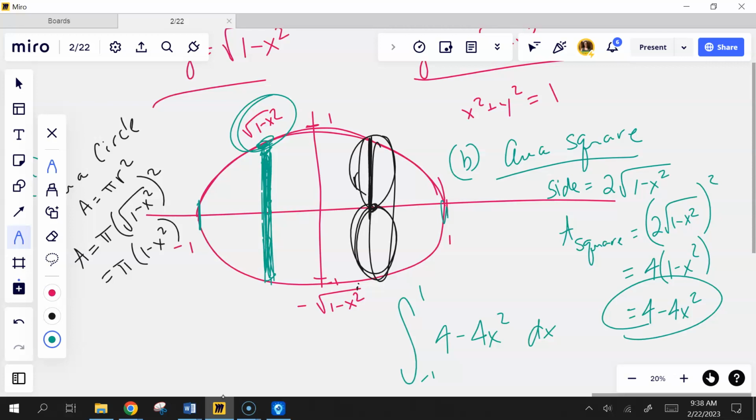The cross sections. Y'all ready for part C? There's a C and a D. We're ready. Okay. The cross sections, get ready for this, are squares whose diagonals sit on the XY plane.